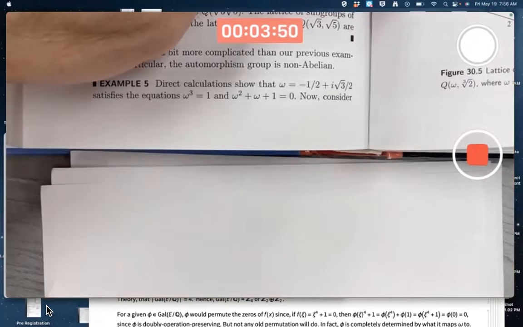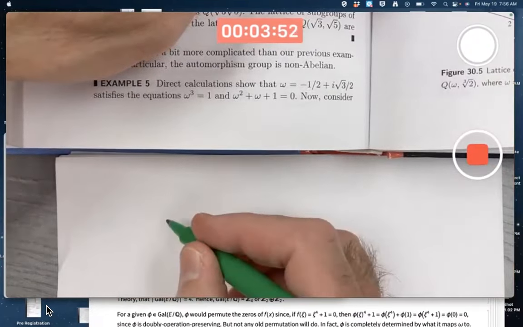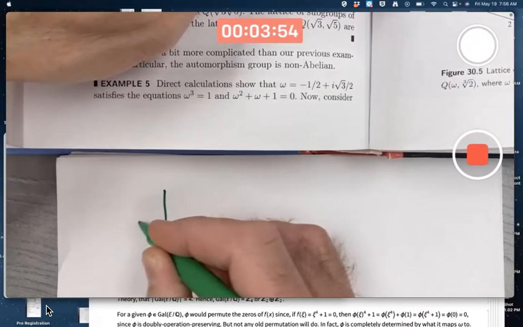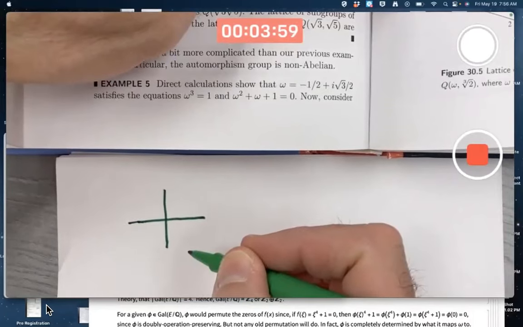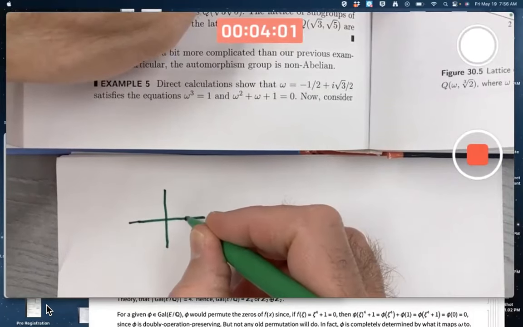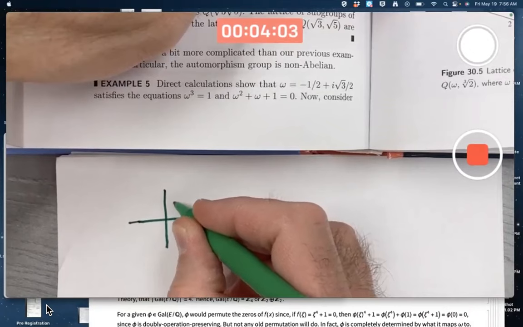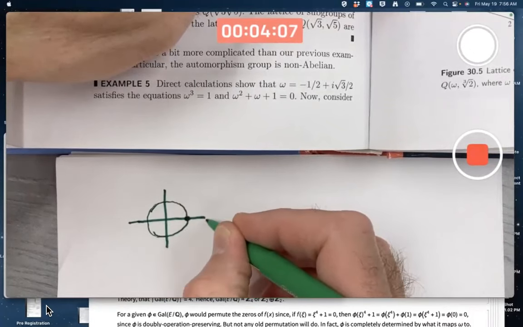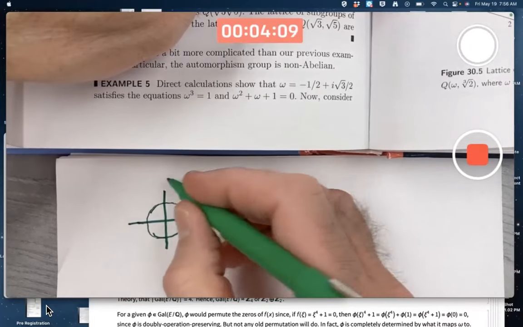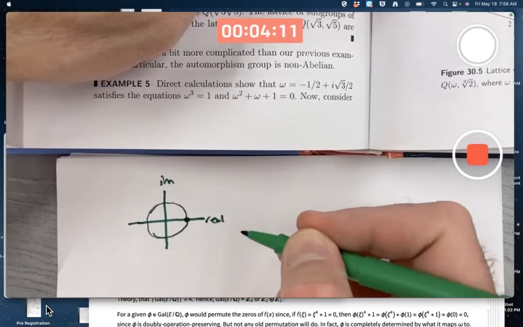Let's think about what we've talked about with the geometry of complex roots. We know that given any non-zero number, like 1, say this is the unit circle right here. So this is the real axis and the imaginary axis in the complex plane.